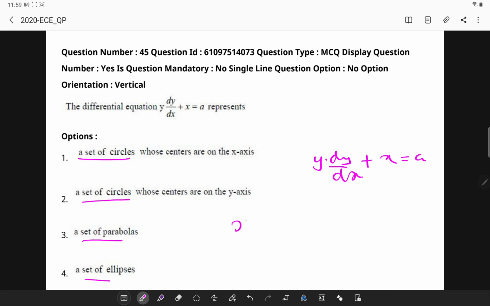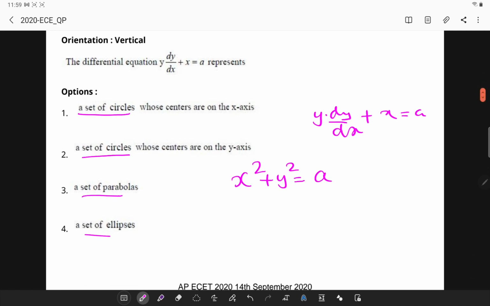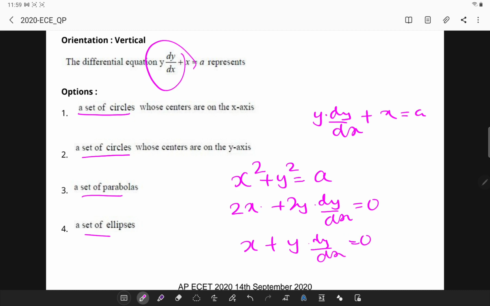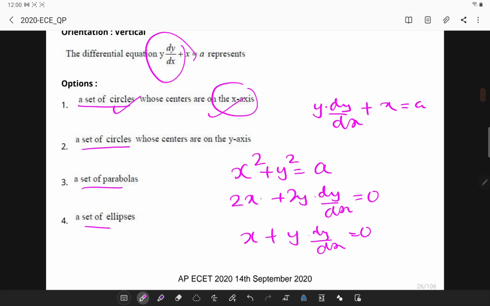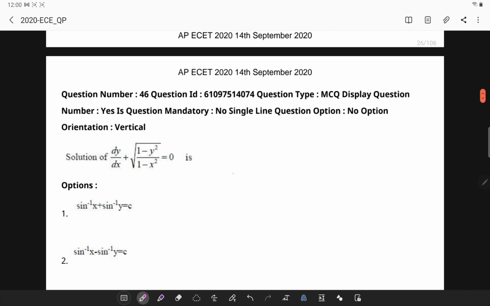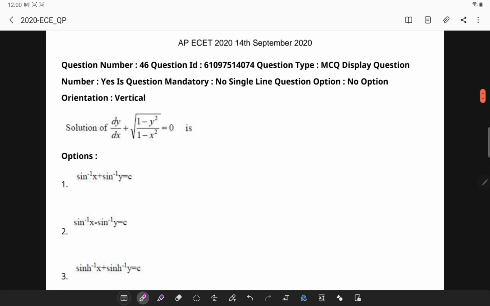Let's imagine we have an equation x square plus y square is equal to a. If I do a derivative of this, I will be having 2x plus 2y into dy by dx is equal to 0. Or I can simply write x plus y into dy by dx is equal to 0. If you see this part, you can simply link it with a set of circles with center on the x-axis.